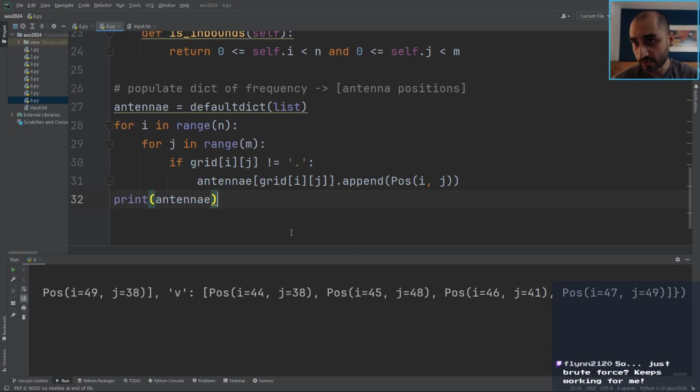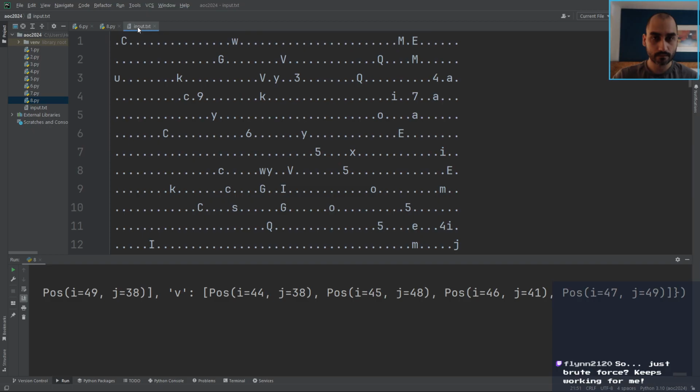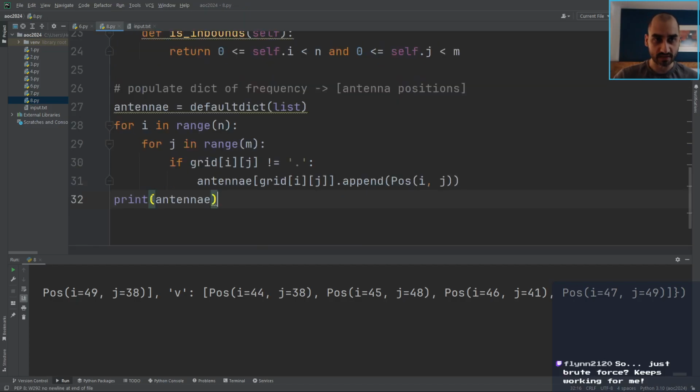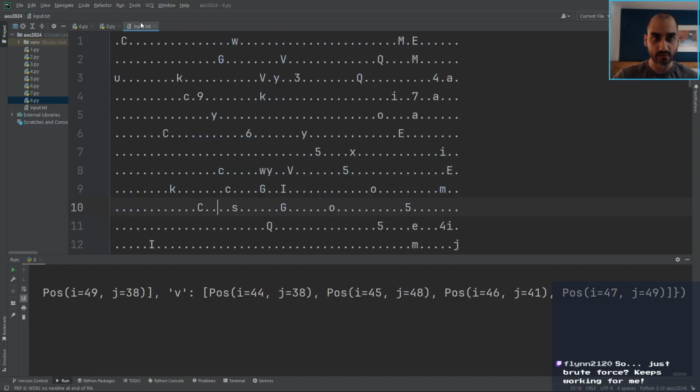So just brute force keeps working for me. I wouldn't say it's true brute force, like we're gonna have some restrictions, like restrict to within frequency groups. That's at least one optimization which would have a significant effect.